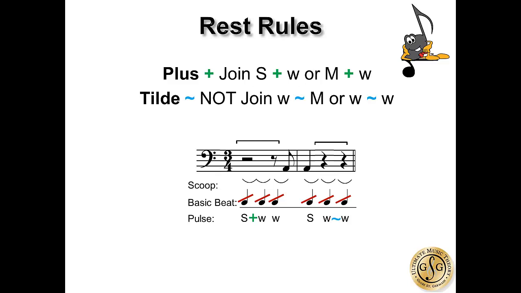Now, when teaching using this simple method of always writing the plus sign when joining strong plus weak or medium plus weak, and the tilde sign when not joining the weak tilde medium or weak tilde weak, your students will easily see how this simply applies to all time signatures.